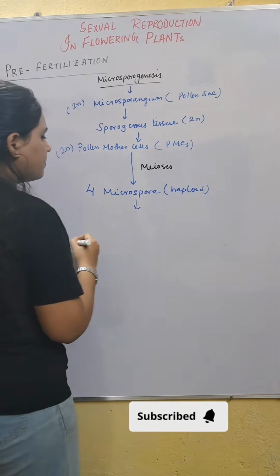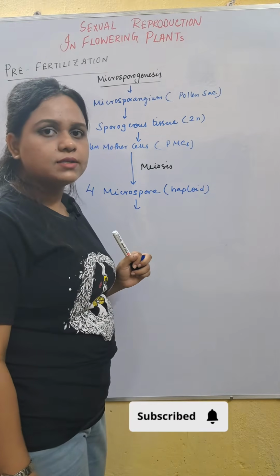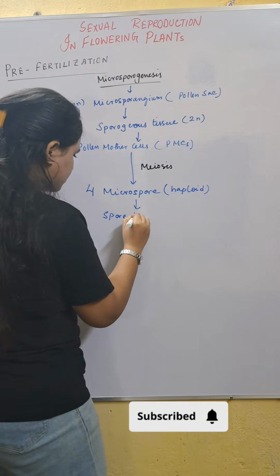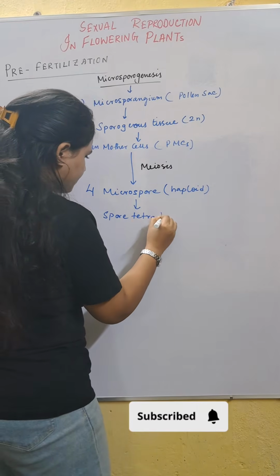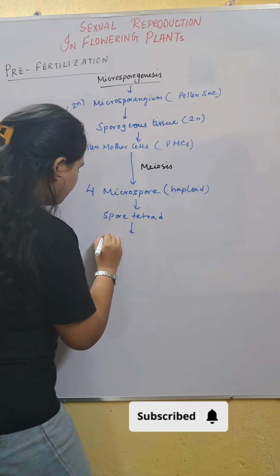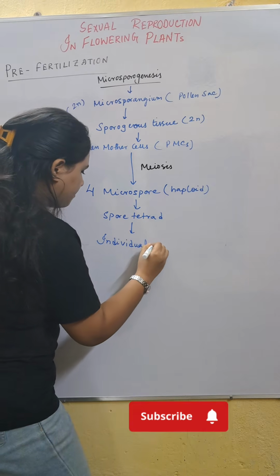These four microspores form a tetrad, or are known as a spore tetrad. It is then separated and forms individual microspores.